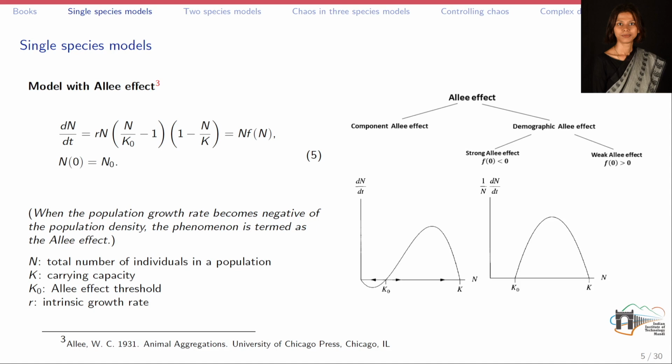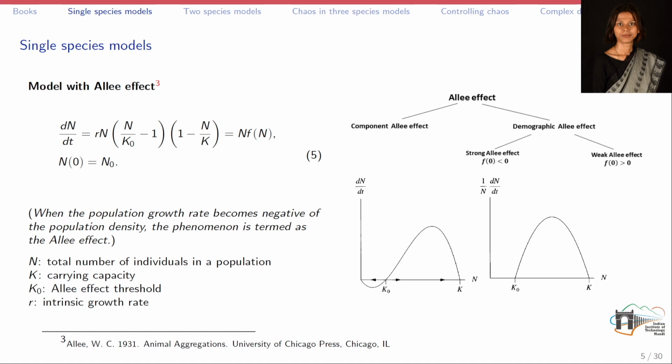Now some populations pose a threshold to the growth. For example, here the threshold is k0 as considered in this particular model. The solution with initial condition above k0 approaches k, as can be seen from this figure. And the population with initial condition below this threshold decays to 0, as can be seen from this figure.